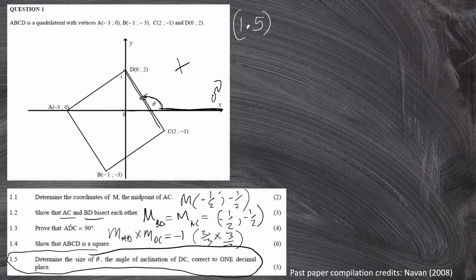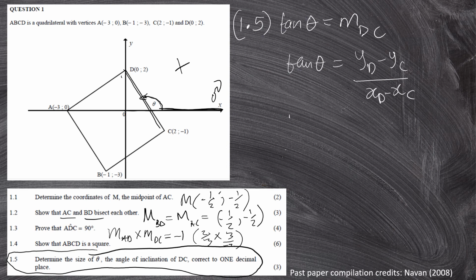So we're just going to calculate the angle of inclination, our theta. How do we do that? We know the formula: tan theta is equal to the gradient of line DC. So we must calculate the gradient of line DC. Gradient of DC is y at D minus y at C over x at D minus x at C. So y at D is 2 minus y at C is -1. Be very careful there. x at D is 0 minus x at C, which is 2.